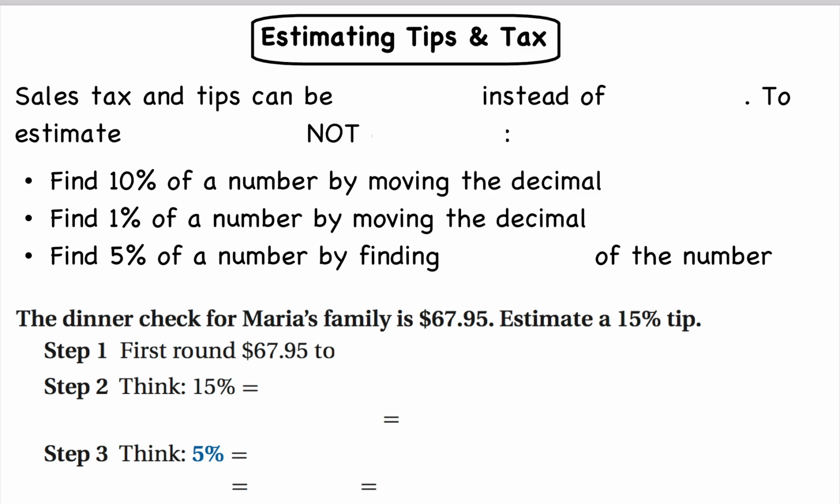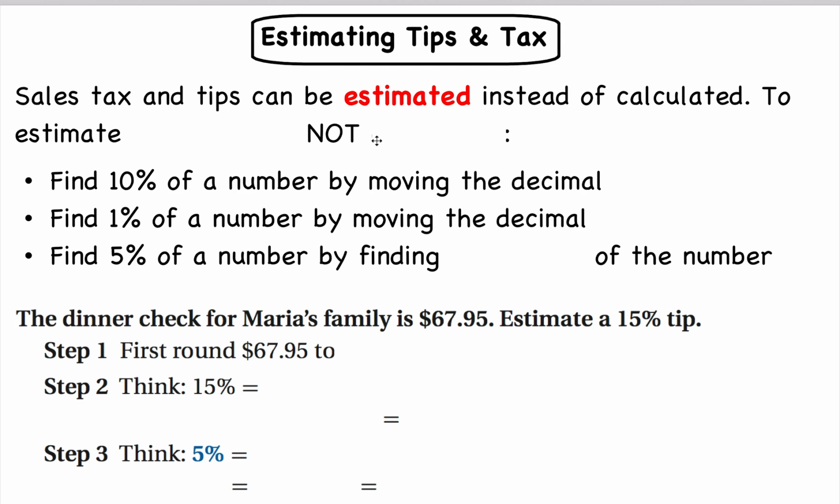So another practical application is estimating tips and tax. This is another way of using decimals and percents and fractions and all these things. So a sales tax and tips can be estimated instead of using a calculator to find the exact value. A lot of times when you go out to eat and you're paying the bill, you just want a quick estimate.